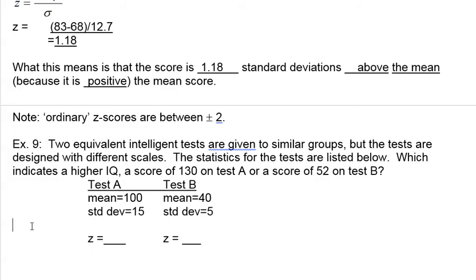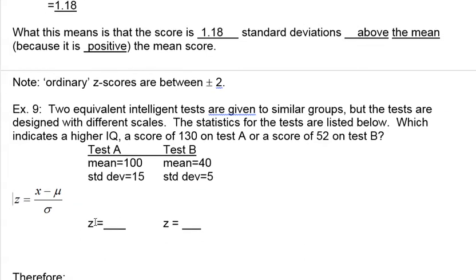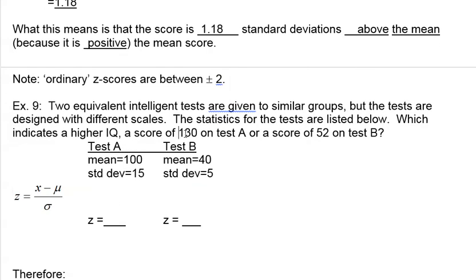So if we calculate the Z-scores here to compare these two, the first one we're going to be taking 130 on test A, so we would go (130 minus 100 divided by 15).